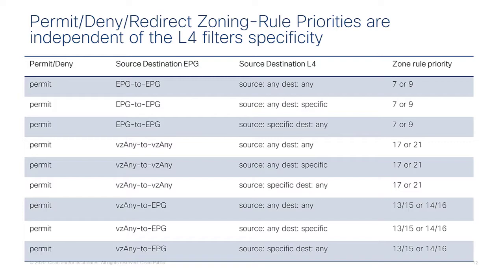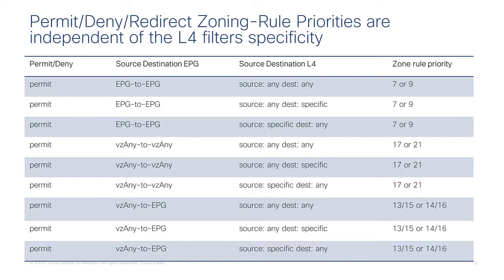Now, a very important point is that no matter what the layer 4 filters or layer 4 ports are, or in general the filters defined within the contracts for the EPG to EPG, vzAny to vzAny, and so on, the priority is the same.